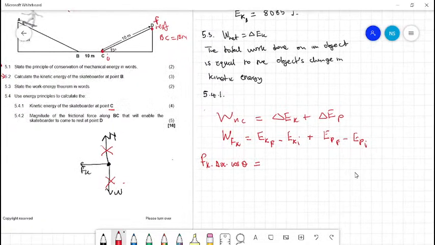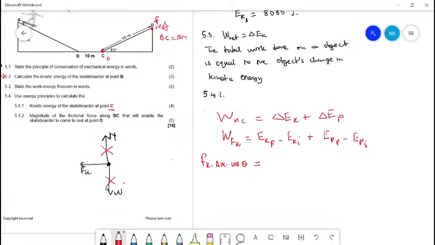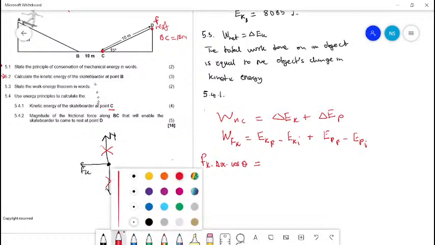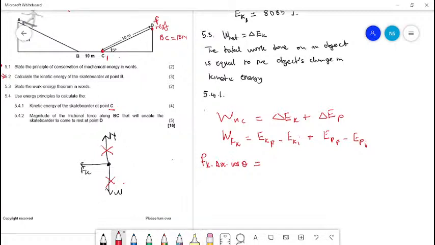When we consider path BC, the EK final becomes the kinetic energy at C, and the initial one will be the kinetic energy at B. So the kinetic energy at B is the initial point, and the kinetic energy final is the kinetic energy at C, and we have these two values.